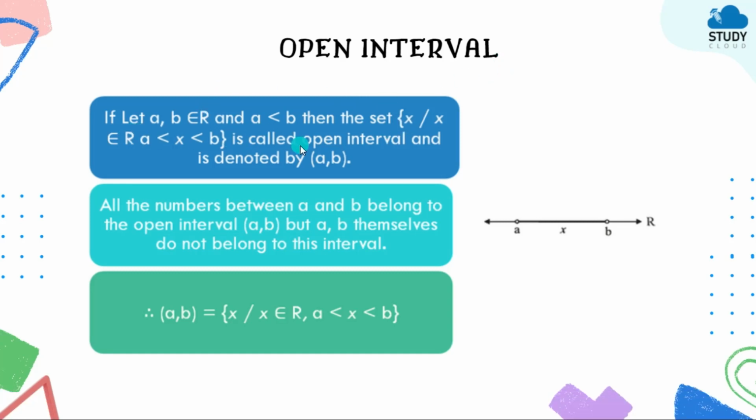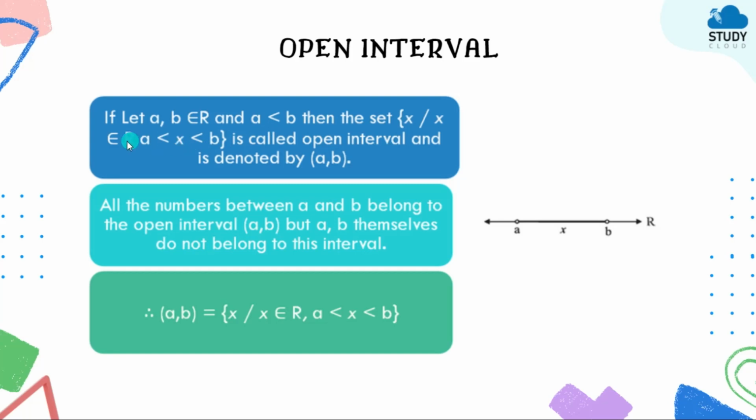Let's see. If A, B belongs to R and A is less than B. Okay, remember there are two values, A and B. Both are part of R, but A is less than B. Then the set X is an element of R and A is less than X and X is less than B. So remember this one thing: when A is less than B, what we have to do?